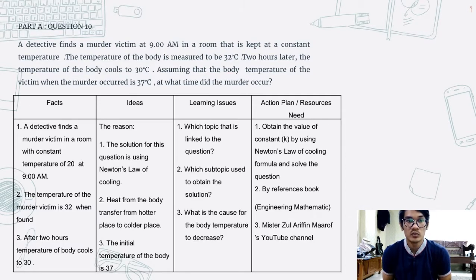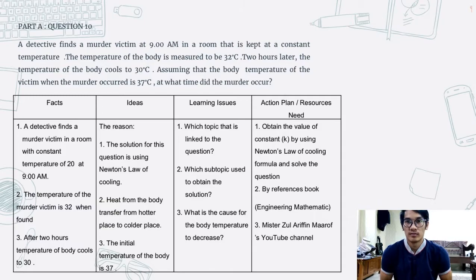The temperature of the body is measured to be 32 degrees Celsius. 2 hours later, the temperature of the body cools to 30 degrees Celsius, assuming that the body temperature of the victim when the murder occurred is 37 degrees Celsius. At what time did the murder occur?